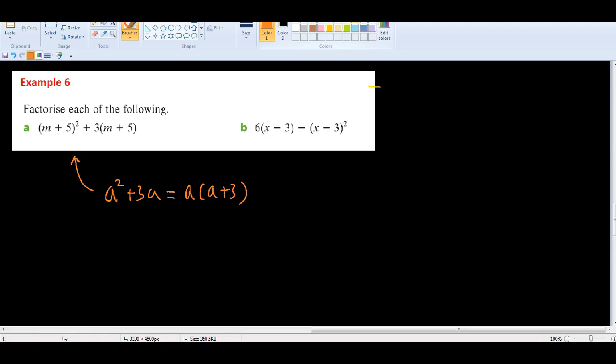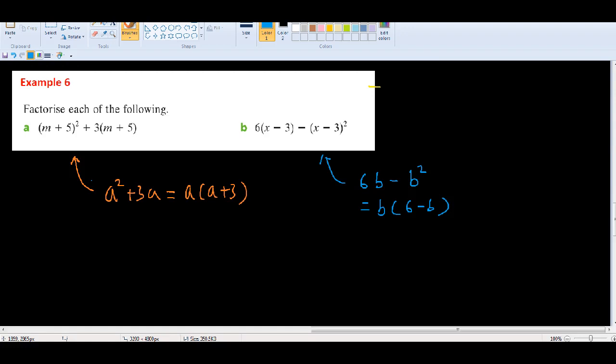And how about for this one? If I treat this one as 6b minus b squared, then what happens? This one will be the answer. So can you see the resemblance or the equivalence between the two I just wrote down and the two questions?